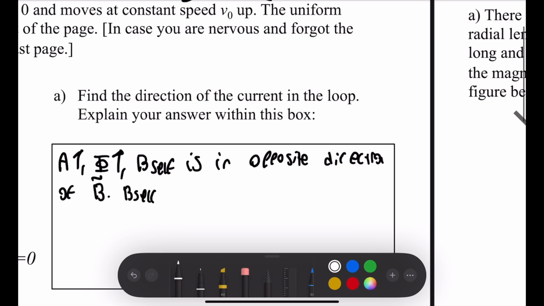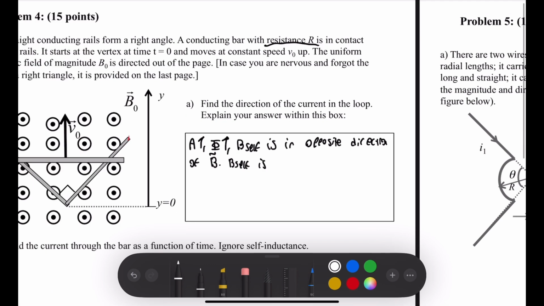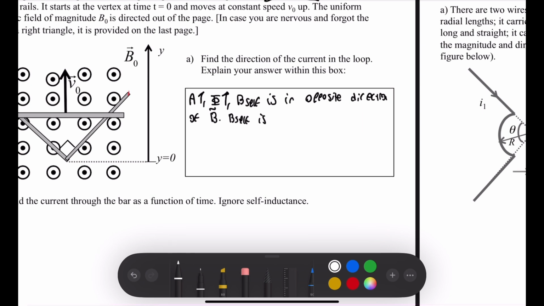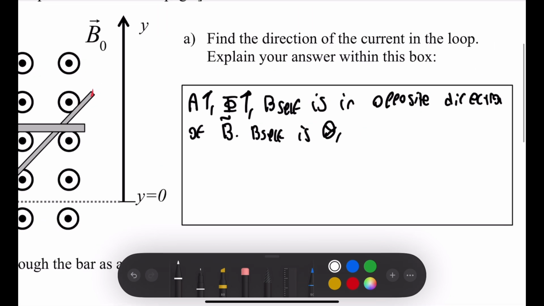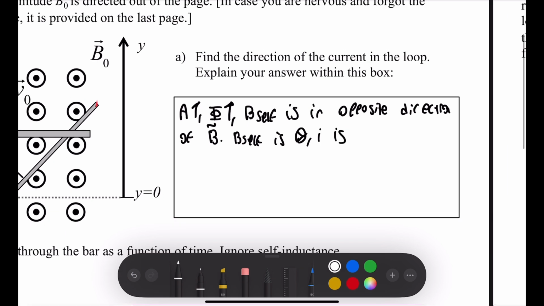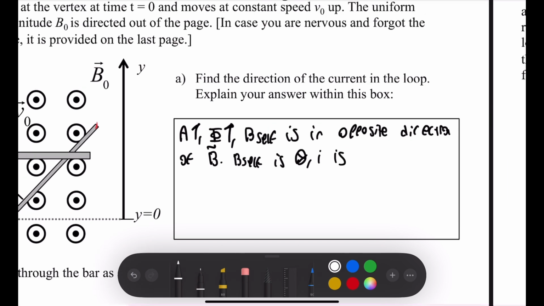So B is out, and B self is going to go the opposite way. B self is going to be into the page, which means the current is going to be, well, if I put my thumb into the page and I curl my fingers, my fingers are curling in the clockwise direction. So current is clockwise. And this is Lenz's law. And that's how you would prove that.